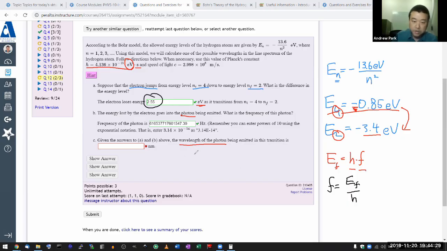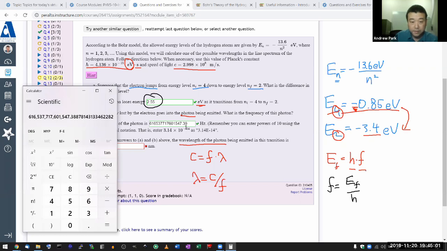Wave speed, or the speed of light, is equal to the frequency of the light times the wavelength of the light. Or solving that for wavelength, wavelength is equal to the speed of the light divided by the frequency of the light. So I need to just plug in the numbers. I have the speed of the light here, and I have my frequency of the light here.